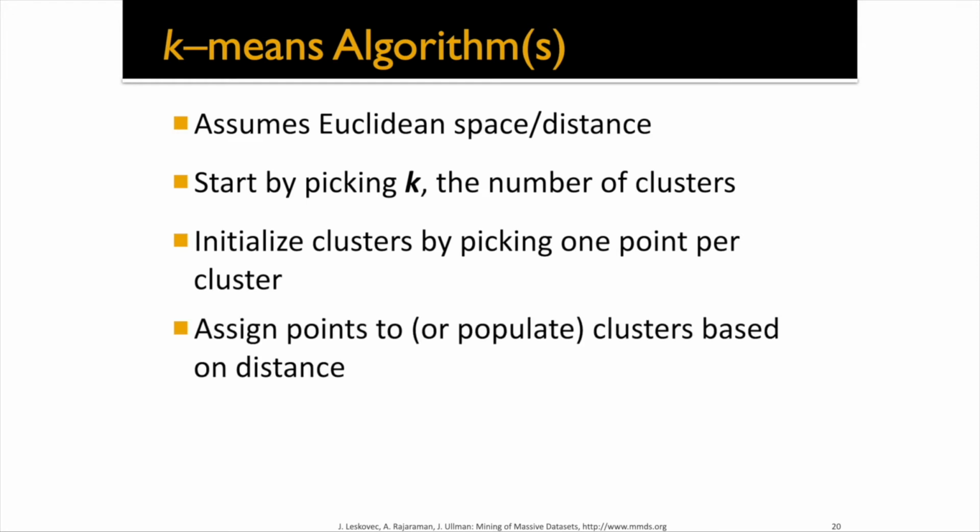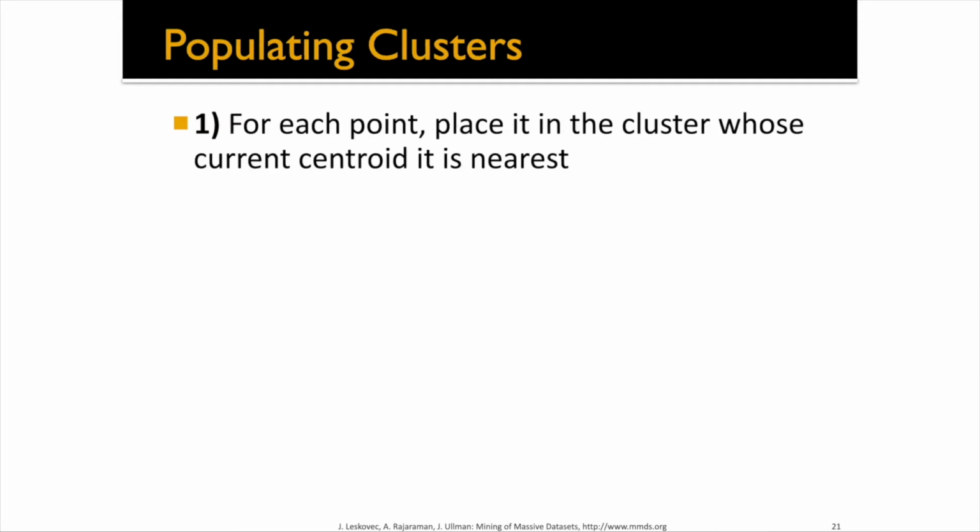And then we want to populate these clusters by assigning points in our data set to clusters that are close to them. Then we iterate through this process, reassigning points to clusters and updating our clusters until we reach some convergence.